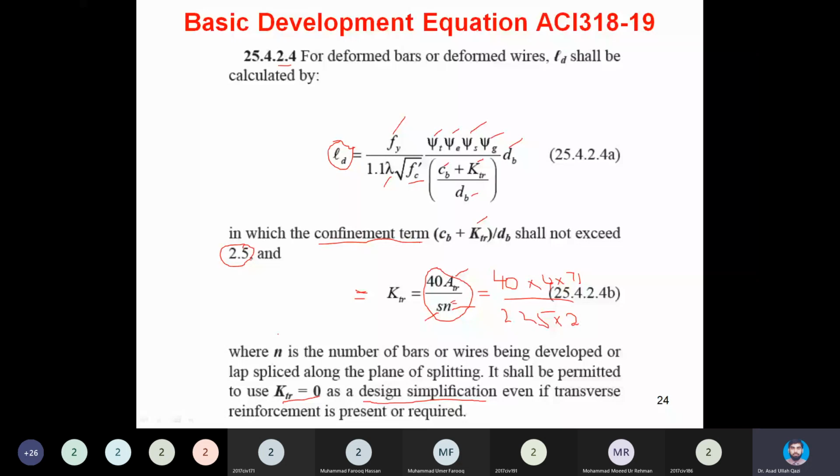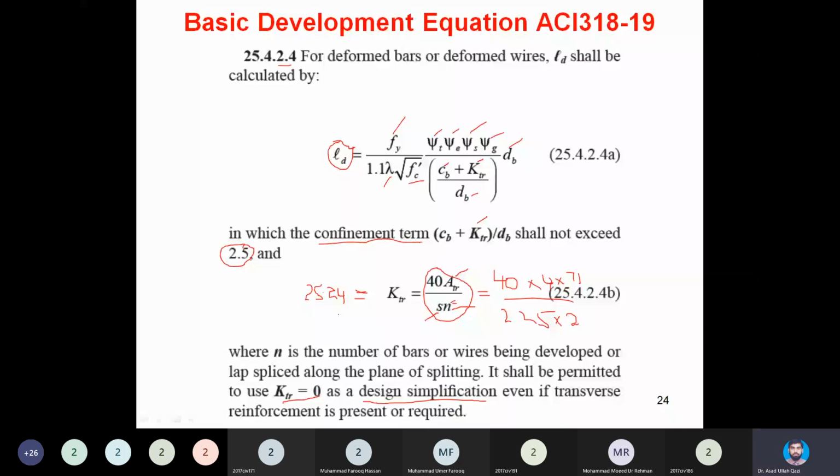I selected S, half of effective depth, 225. I'm working on 2 bars, internal 2 bars. So how much will be KTR? Can you respond, please? 25.24. Good, 25.24, which ACI allows you to take as 0, but we have this 25.24 with us.